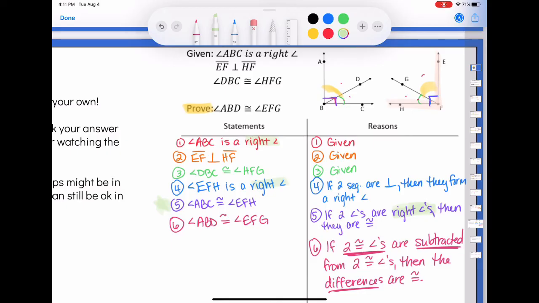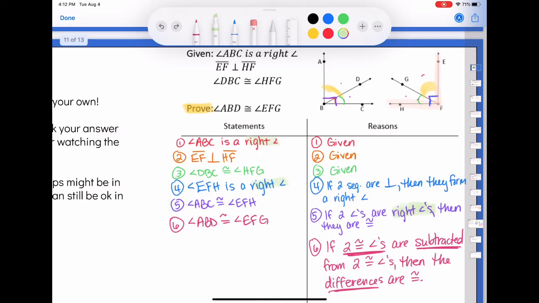ABD is complementary to DBC. And then you'd have another step saying EFG is complementary to HFG. And then your last step would not be the subtraction property, but instead, if two angles are complementary to two congruent angles, then they are congruent. And that would be okay, but it would be an additional step.